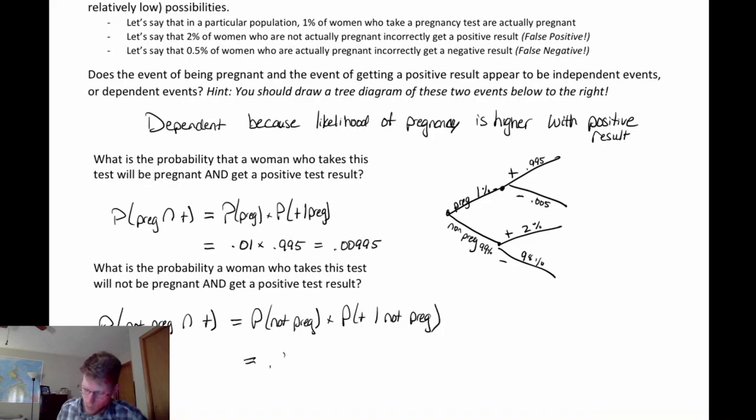Not pregnant is going to be 0.99. Positive given not pregnant is going to be that 2% value down there. Let me calculate this to make sure I do it correctly: 0.99 times 0.02 is 0.0198.